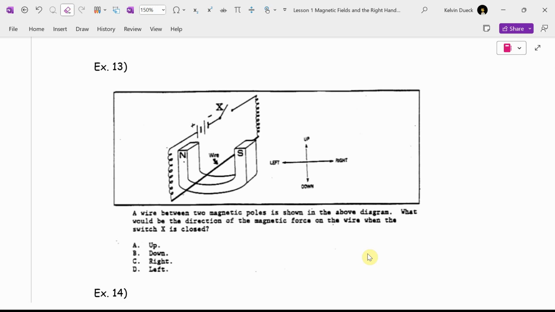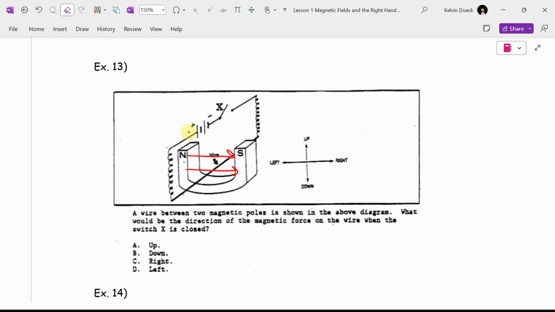A wire between two magnetic poles. Okay, this is the third one. How can I tell so quickly? There's a current carrying wire and an outside or external magnetic field, that big bar magnet. Let's draw in the magnetic field lines. They point from north to south. I always draw in a couple so I can see what's going on. What direction is the current?